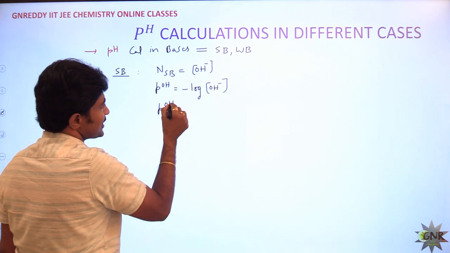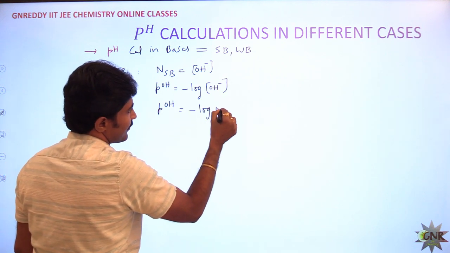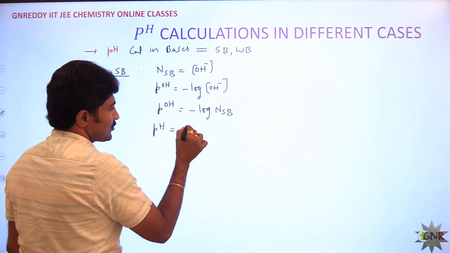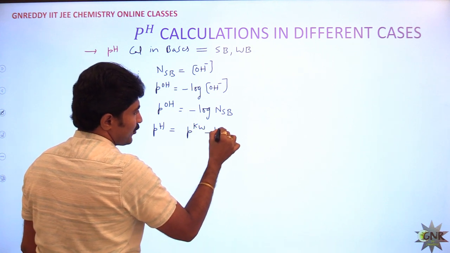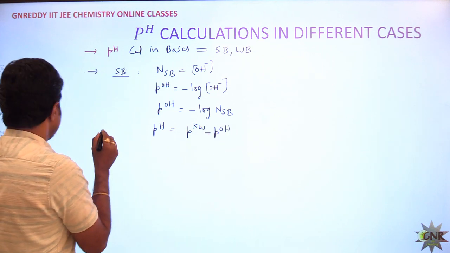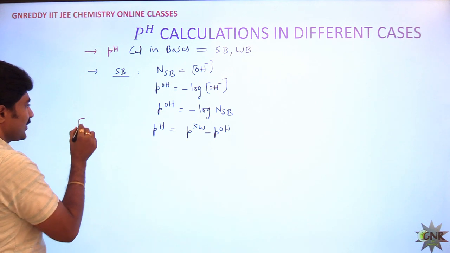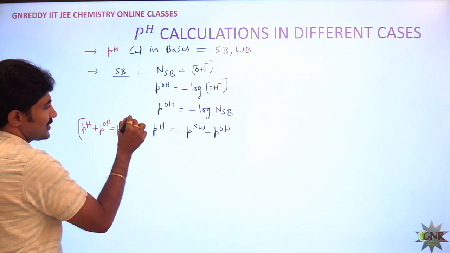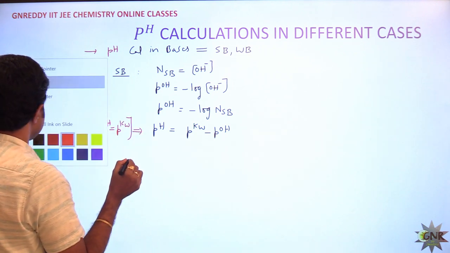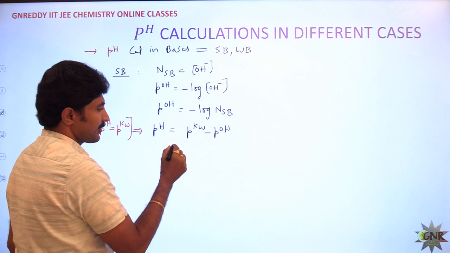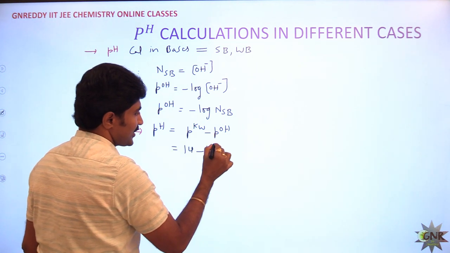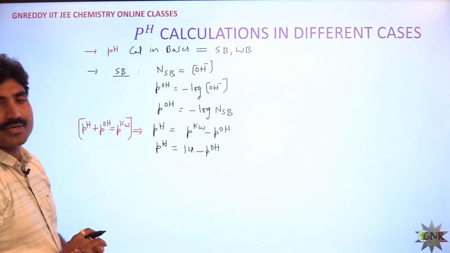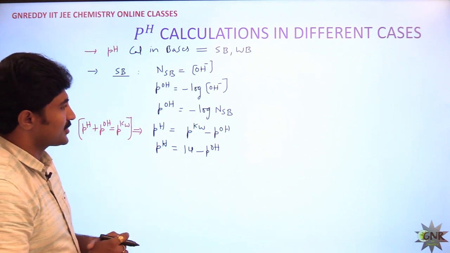That is, pOH is equal to minus log of normality of the strong base. From this, pH is equal to pKw minus pOH. I already gave that relation: pH plus pOH is equal to pKw. From this relation we can write the pH expression. So pH is equal to pKw minus pOH, that is 14 minus pOH at 25 degrees centigrade. Like this, in strong bases you can calculate pOH and then pH.